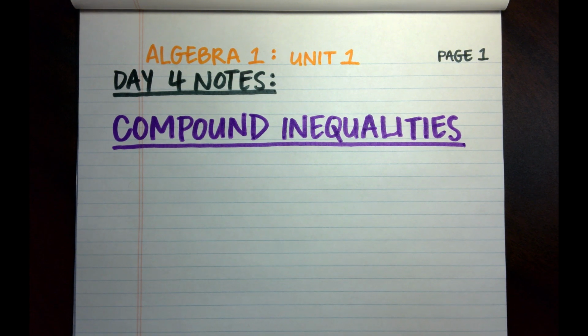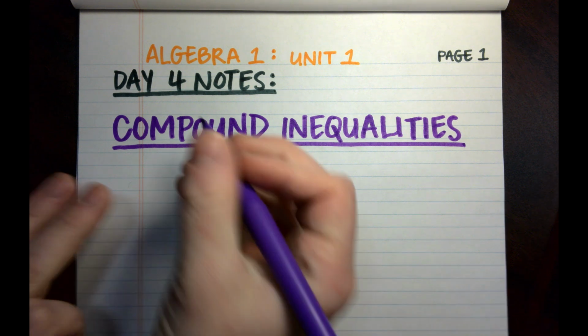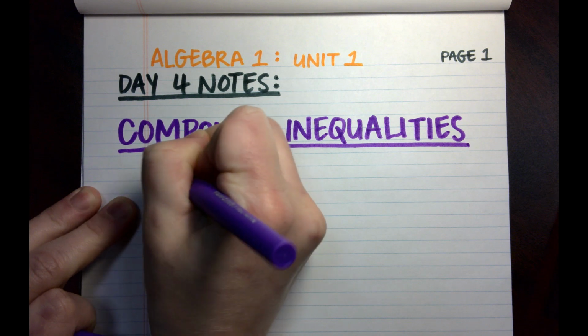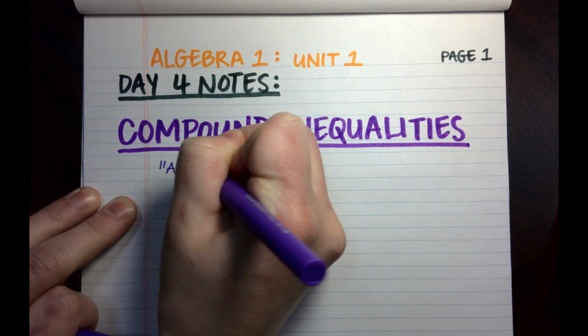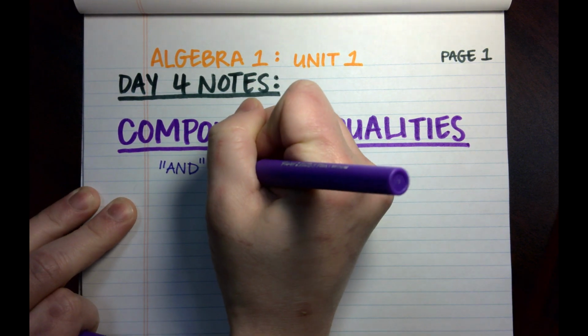So a compound inequality is just two inequalities combined on one graph. And I'm going to show you what that's going to look like. There's two different types of compound inequalities. There are what we call "and" inequalities.